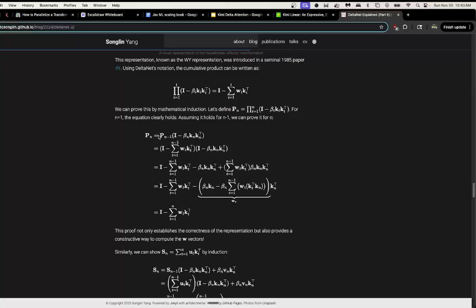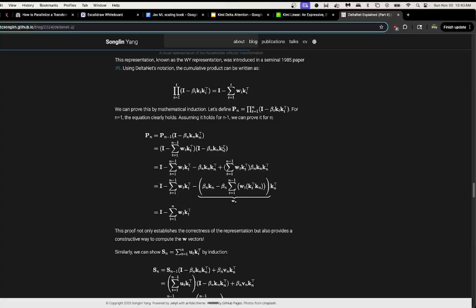So here's our equation we start with. This is P of n minus 1, the previous cumulative products we've accumulated up to n minus 1, and then our new Householder transition matrix, right? And since we're assuming P of n minus 1, we can replace it with the thing we're assuming is true, I minus the summation, right? So there it is, up to n minus 1.